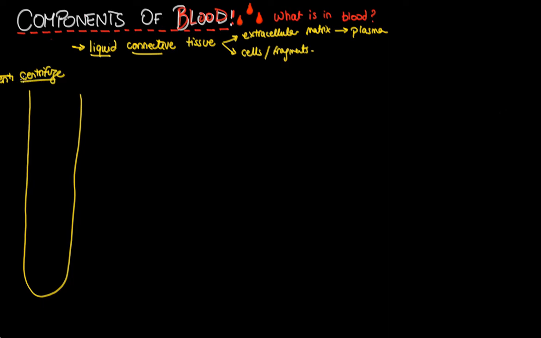This centrifuge machine is going to spin really fast for a few minutes, and it's going to divide the components of blood depending on their density. And so what you're going to notice after the test tube comes out of this machine is that the heaviest or the most dense elements are going to sink to the bottom.